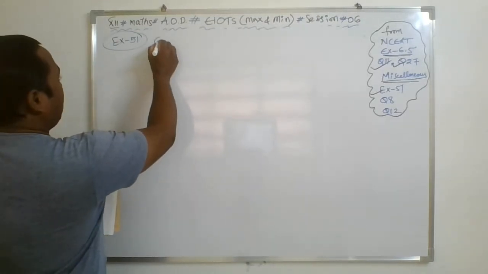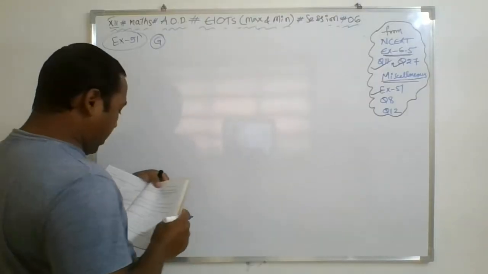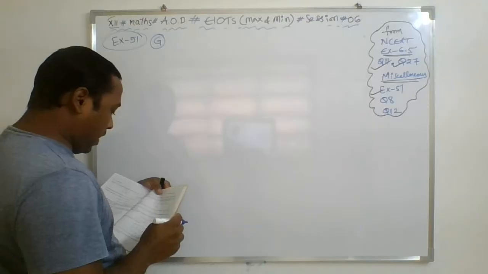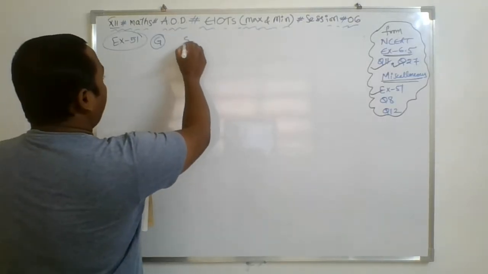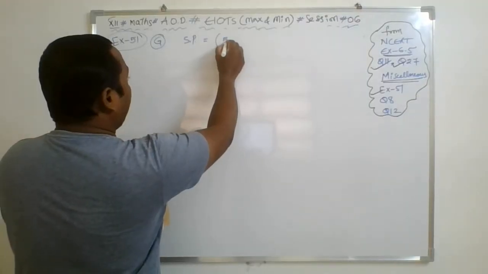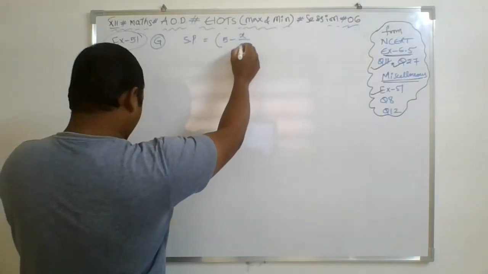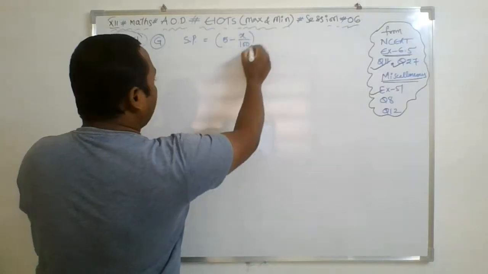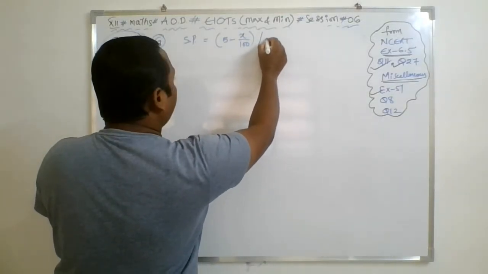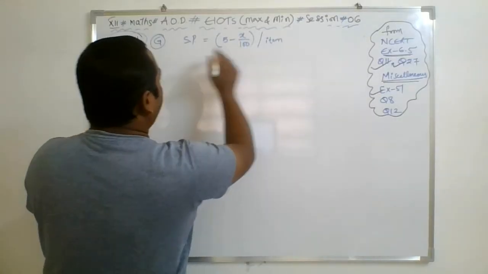What is the glitch in this one? See, they sold X items, right? The selling price is given as 5 minus X upon 100. This is per item.